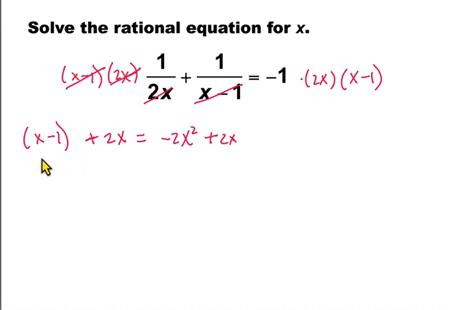We combine x terms here, so we get 3x minus 1 equals negative 2x squared plus 2x. Using the reflexive property of equations, I can simply write this on the left side of the equation, negative 2x squared plus 2x, and this on the right side of the equation, 3x minus 1.